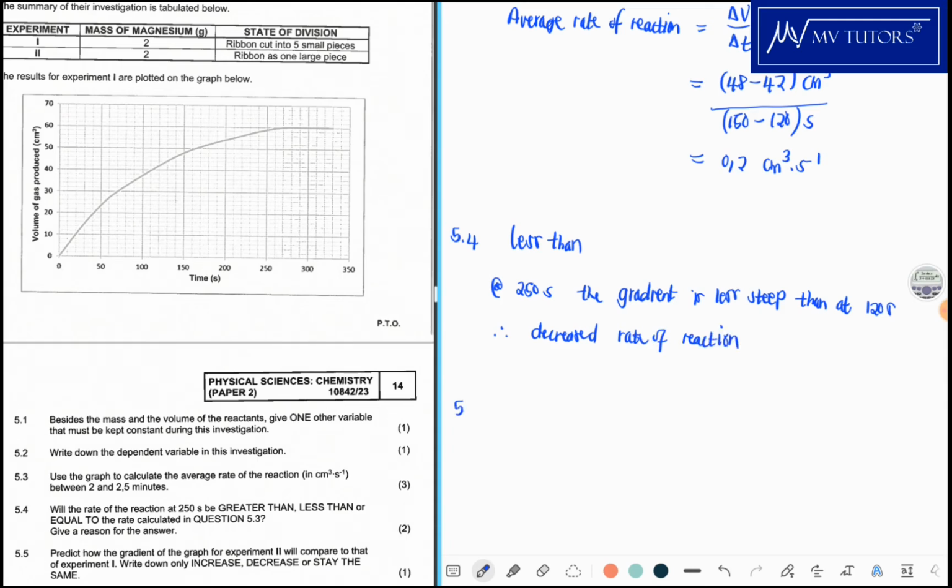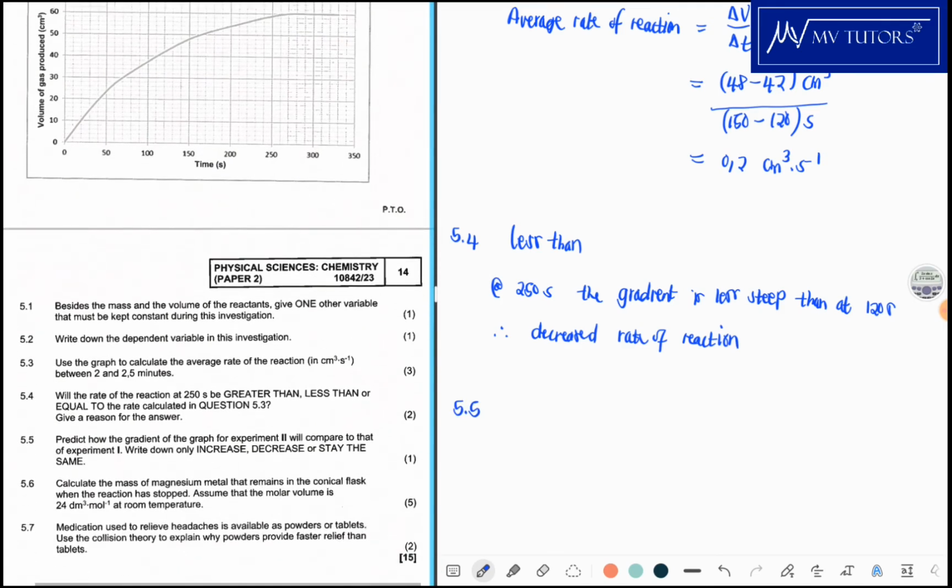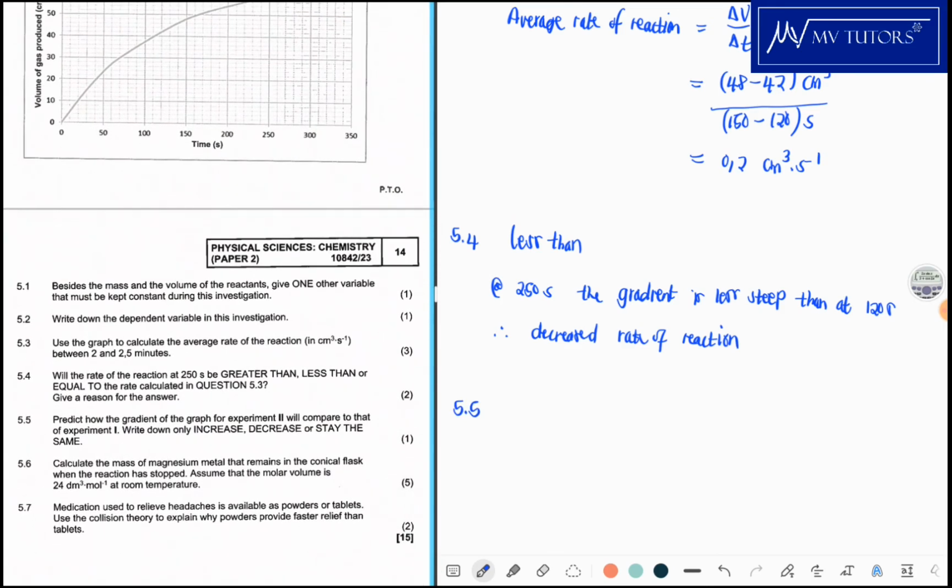Alrighty, and then 5.5. Predict how the gradient of the graph for experiment 2 will compare to that of experiment 1.